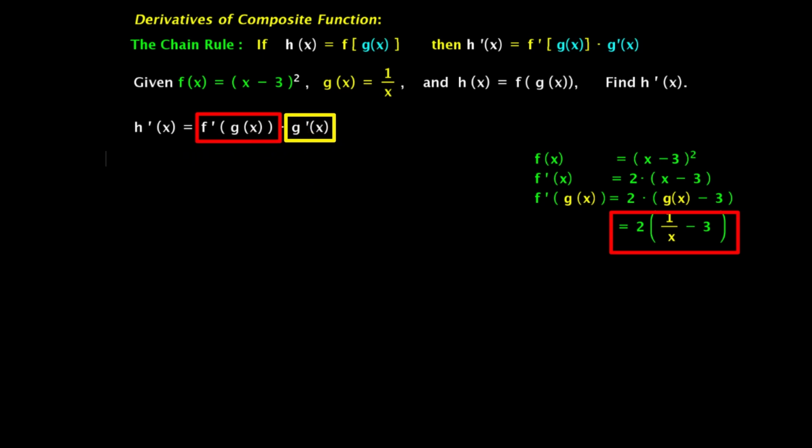It's a g function. So to start with, we must first start with what is g of x. g of x is 1 over x, which is 1 over x to the 1. Instead of 1 over x to the 1, we can just write it x to the power of negative 1.